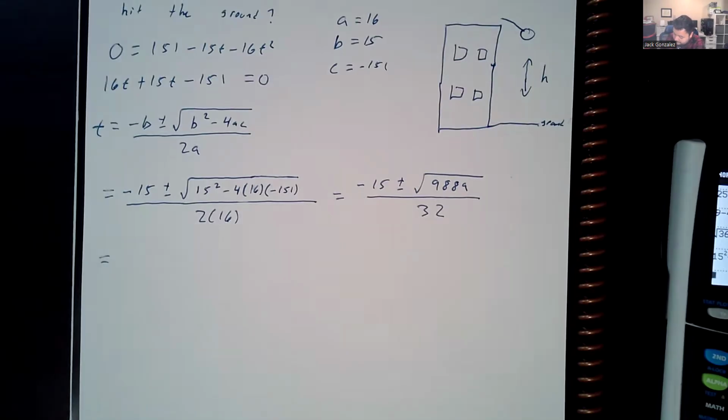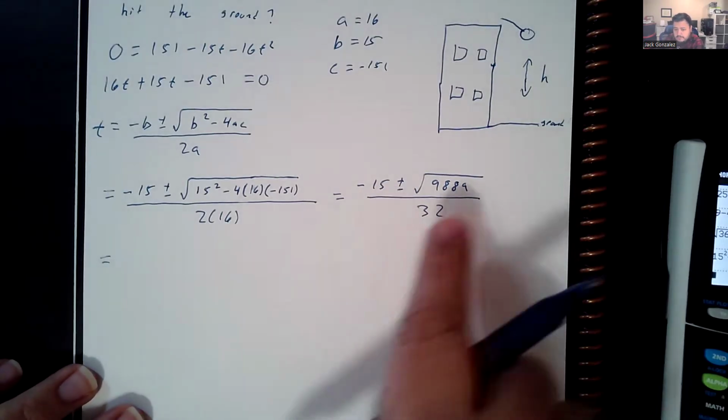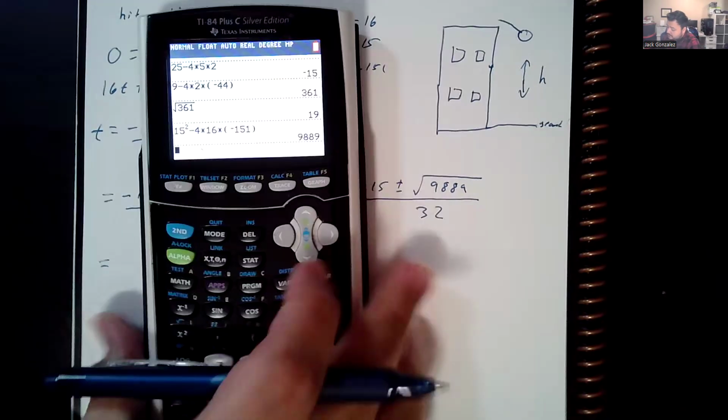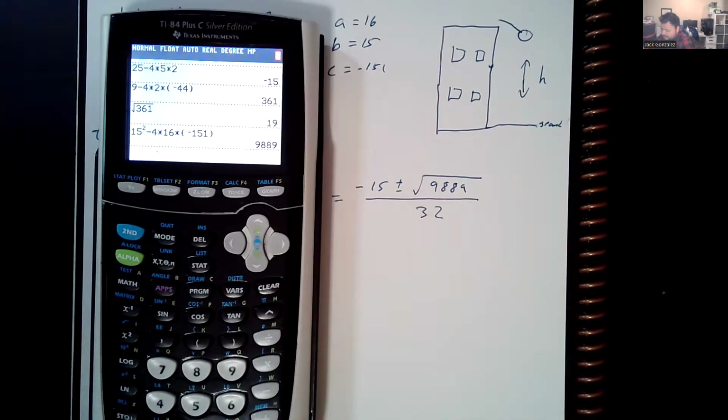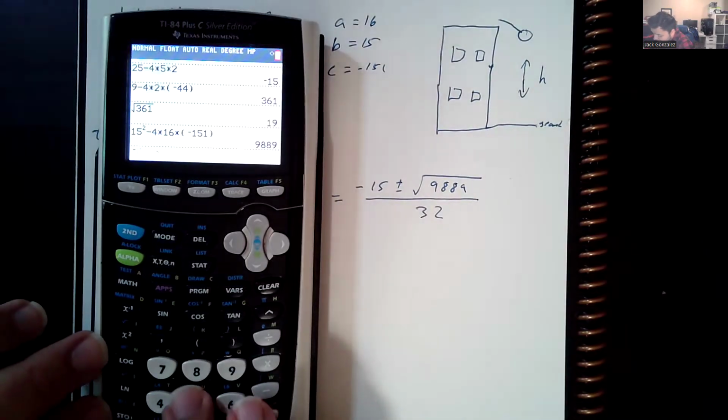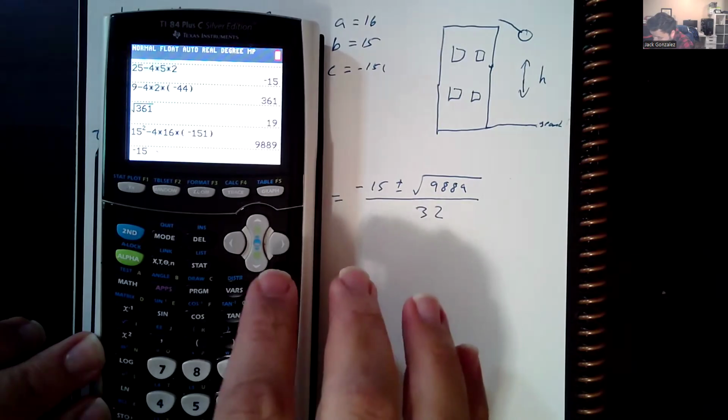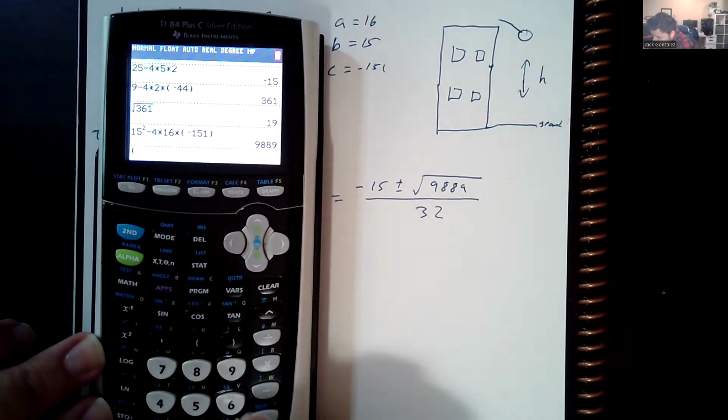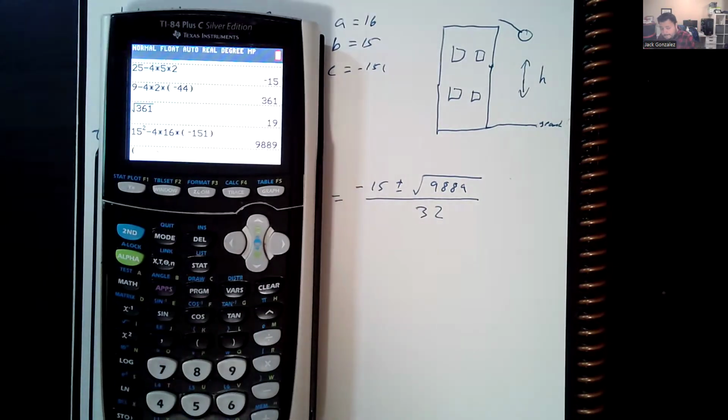At this point, just plug in your calculator, the plus and minus version, because they want it to round anyway, so we don't need exact answers. So if you're going to do a fraction, do the top part in parentheses.